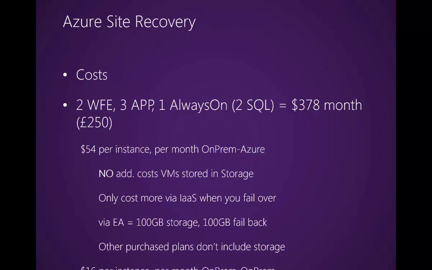The only time you incur any other cost, before I get into that, let me just quickly mention $16 per instance if you're doing on-prem to on-prem. So if you have VMware in one data center and one VM host, and you want to use Azure Site Recovery to fail over to another VM host, or Azure within Azure Pack on-prem to on-prem, so 2 data centers that you own, it's only $16 per month.